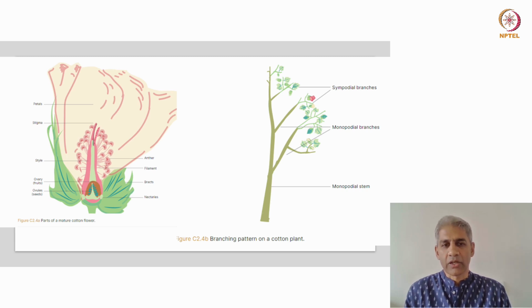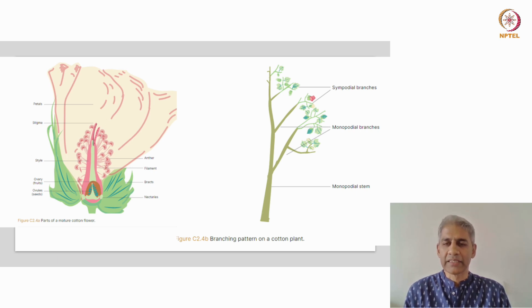Looking at the cotton plant in more detail, on the left is an image of the flower with the parts all labeled. So you will recognize and be familiar with most of these terms. If you're not, you can pause the video and study these parts in more detail.